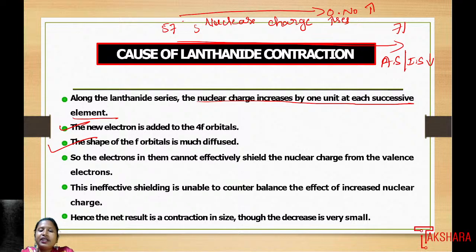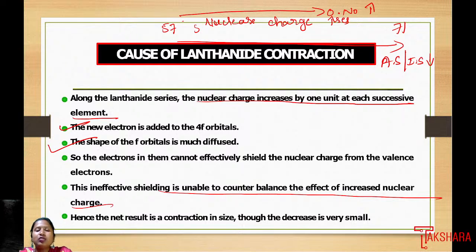Then this ineffective shielding is unable to counterbalance the effect of increased nuclear charge. So hence the net result is contraction in size, though the decrease is very small.